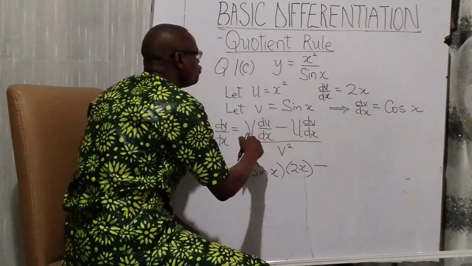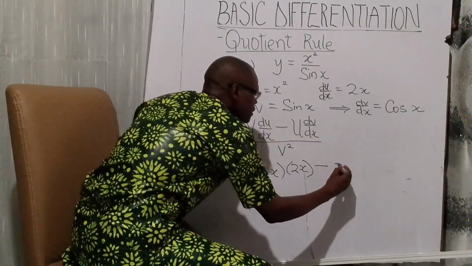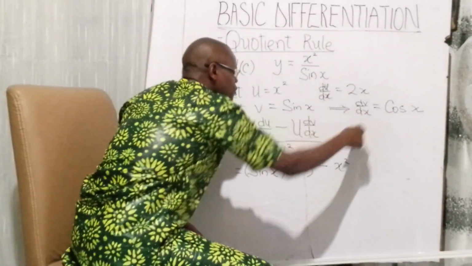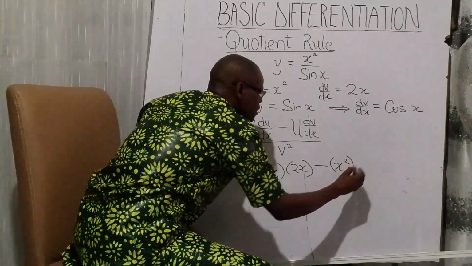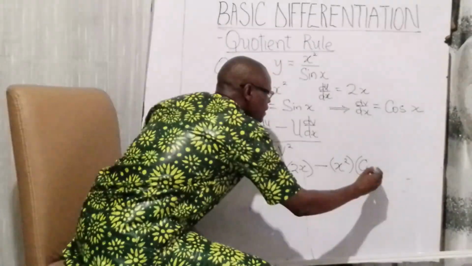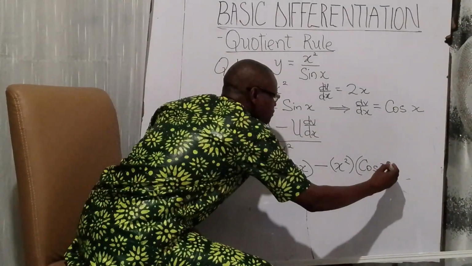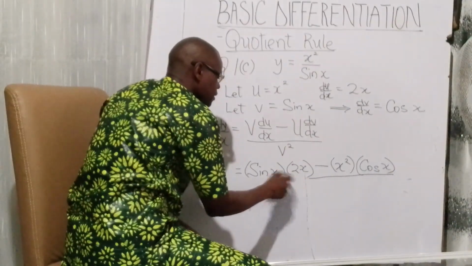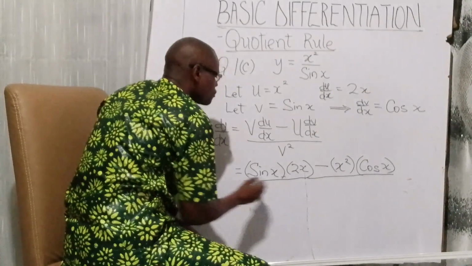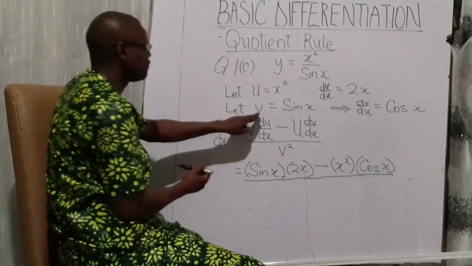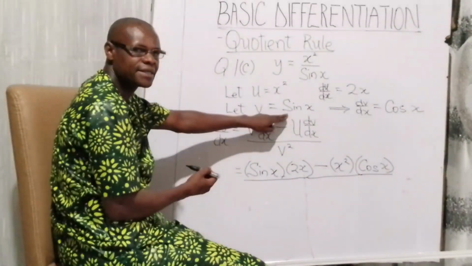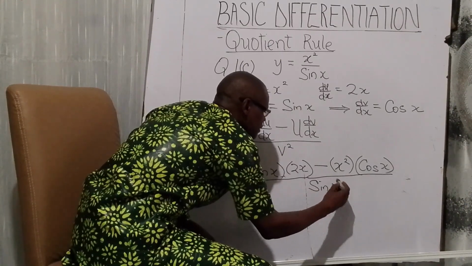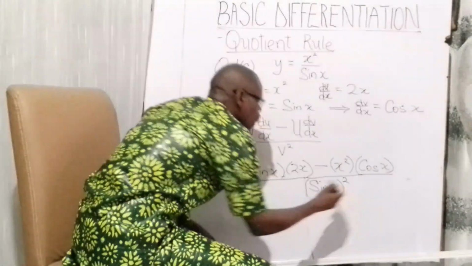Minus our u, which is x squared, and our dv/dx is cos x, also in brackets. Then we divide the whole function by v squared, and our v here is sine x, so we have sine x all squared.